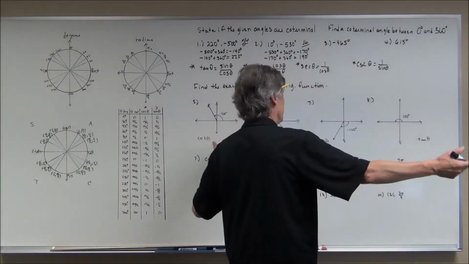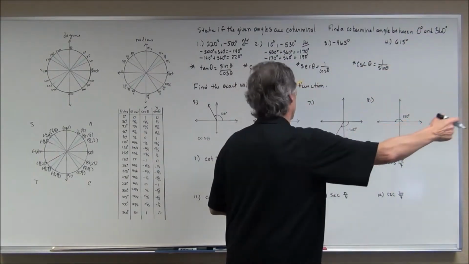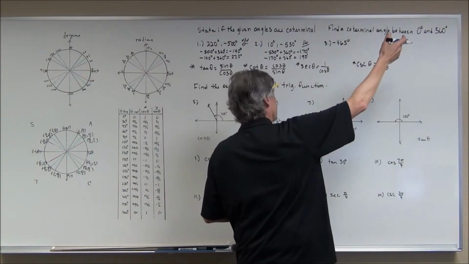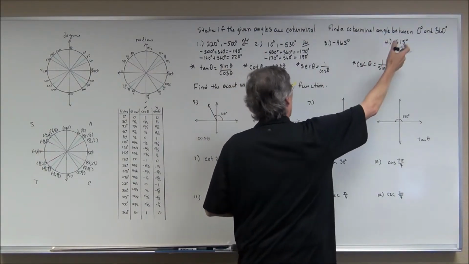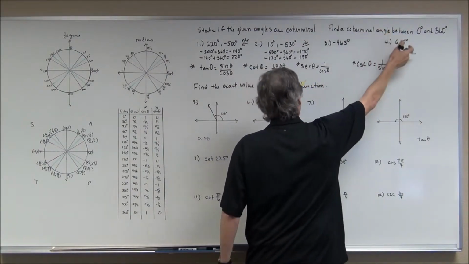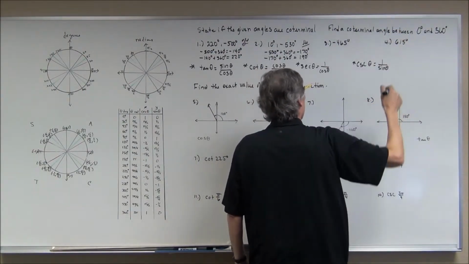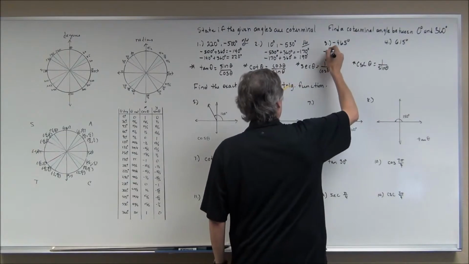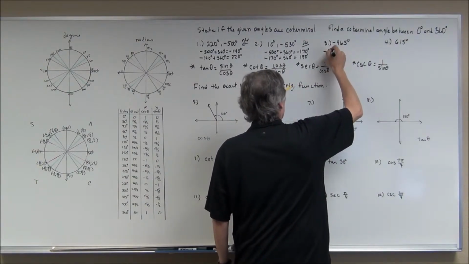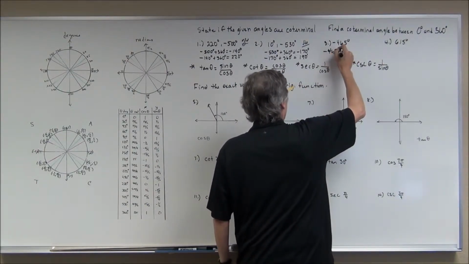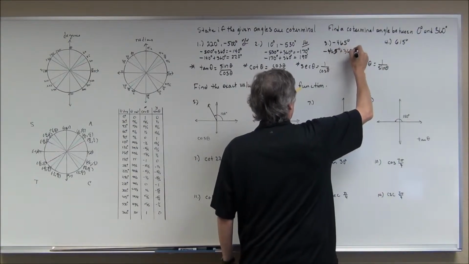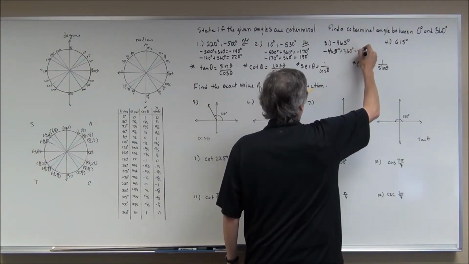Now it says, find the coterminal angle between 0 and 360. So it's either going to be less than 0 or it's going to be more than 360. If it's less, you add 360 again and again till you get between 0 and 360. If it's more than 360, like this one, you subtract 360 until you get between 0 and 360. So if I take negative 465, excuse me, and I add 360 to it, I'm going to get negative 105 degrees.